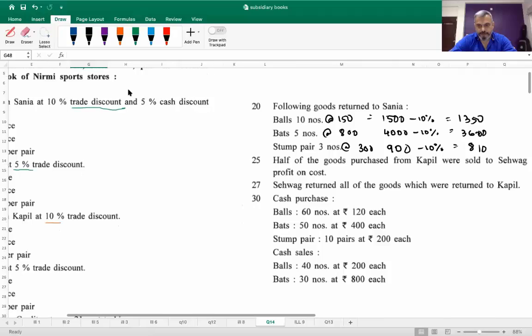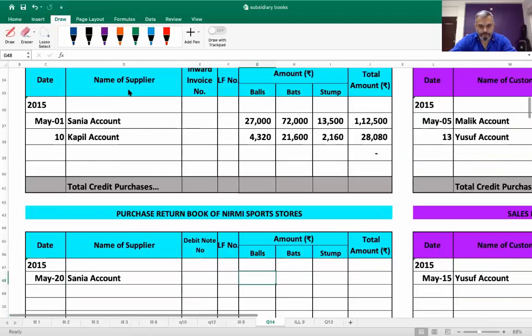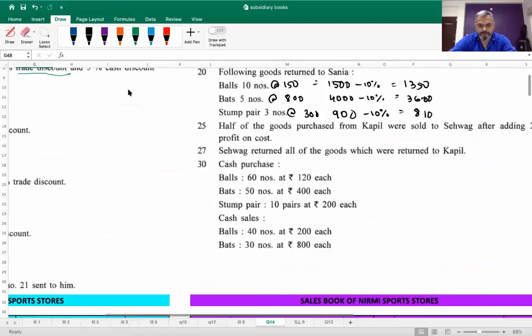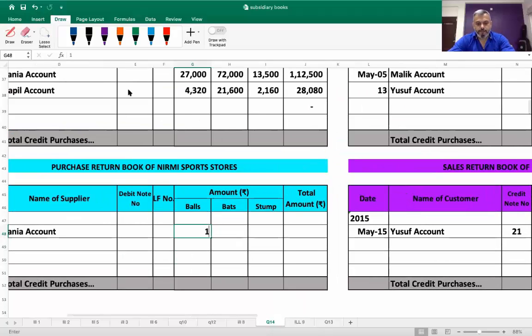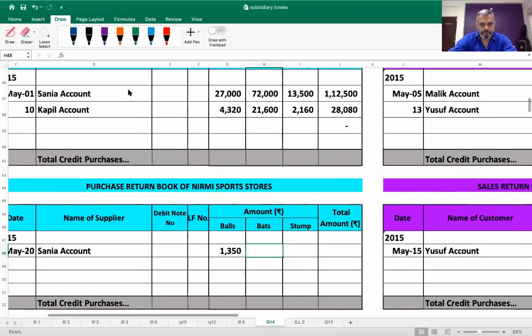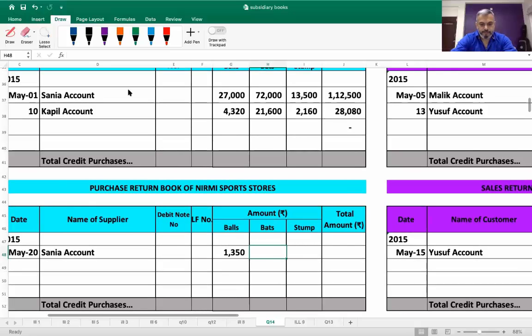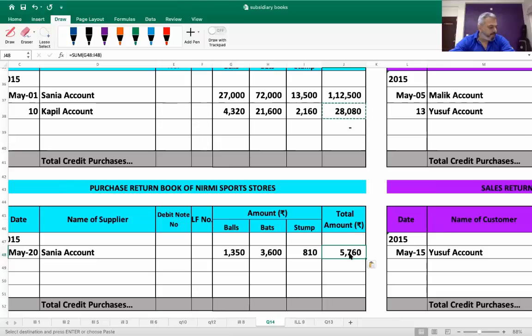Amount is 1350, 3600 and 810. Total 5760.